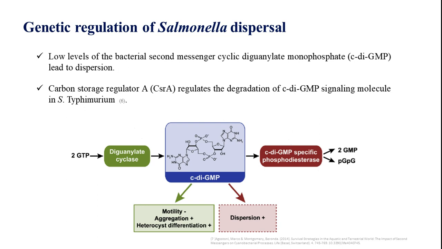It was found that in Salmonella typhimurium, the levels of c-di-GMP are regulated by the carbon storage regulator A, CsrA. CsrA regulates the degradation of the c-di-GMP signal molecule by positively affecting the genetic expression of phosphodiesterases.